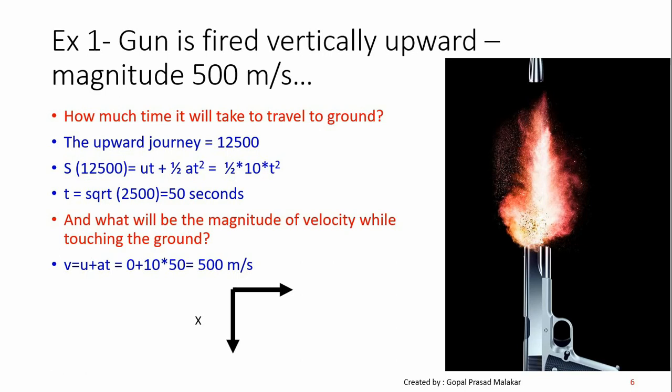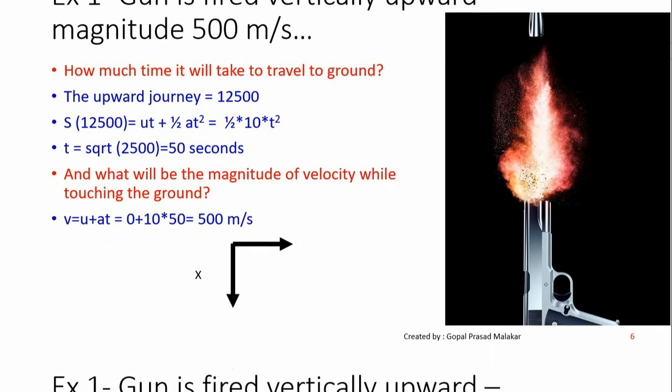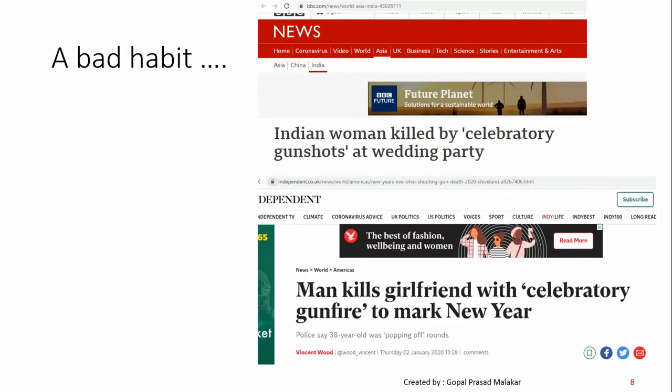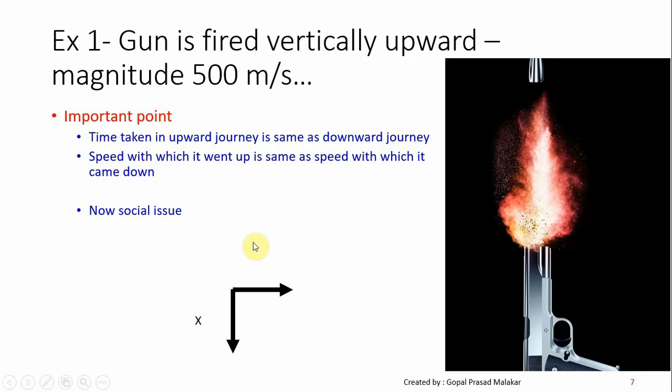Now let's understand how this concept applies to a real life situation and how it actually makes an impact. For that I'm going to show you a social issue and how it affects.